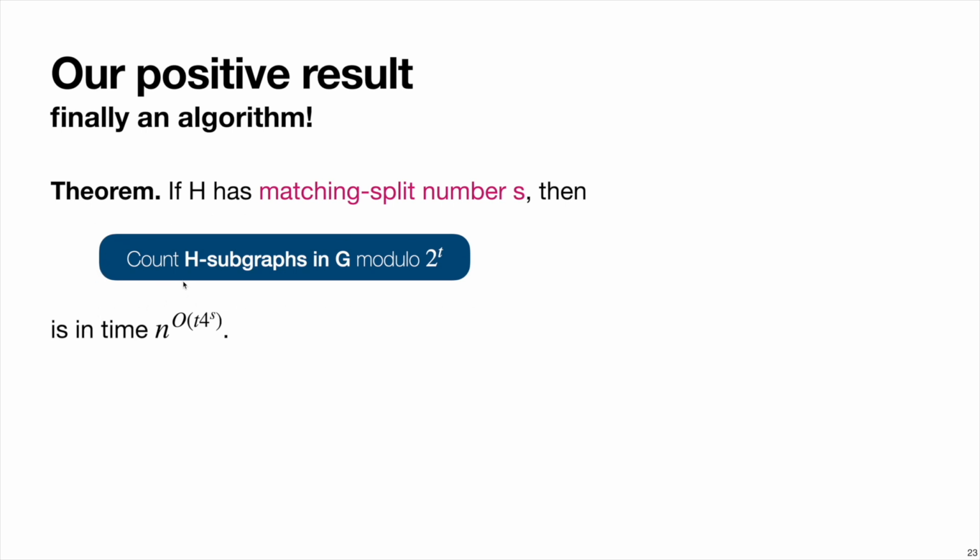This problem is to count H subgraphs in G modulo 2 to the T. And the running time of this algorithm is n to the order T times 4 to the S. So in particular, this algorithm is polynomial time if S and T are constant.